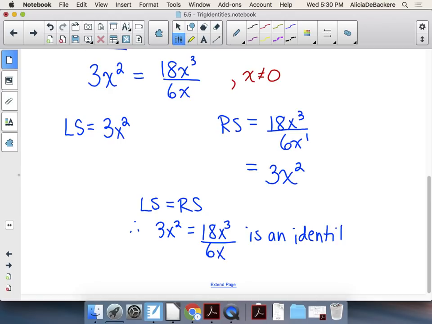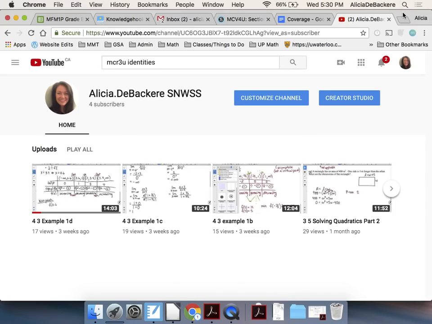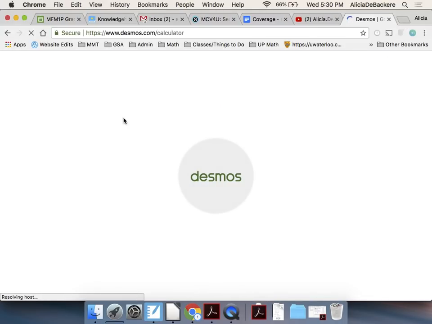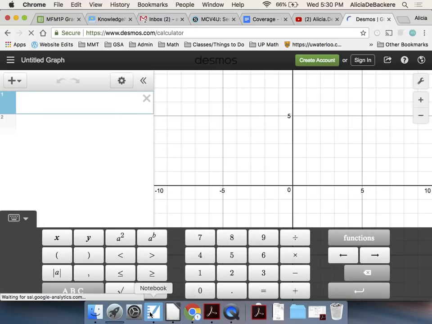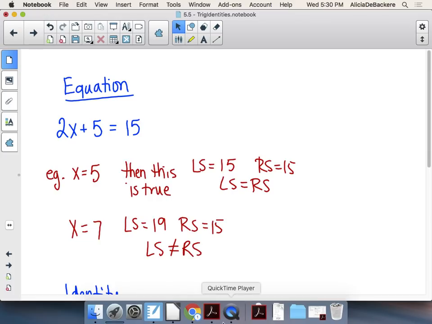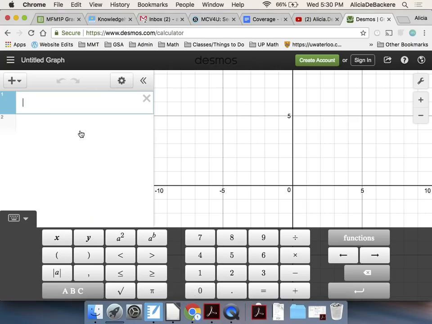Another way to check identities versus equations is to go to Desmos, and we can type in the left-hand side and the right-hand side. So in my first example, my left side was 2x plus 5, and my right-hand side was 15.